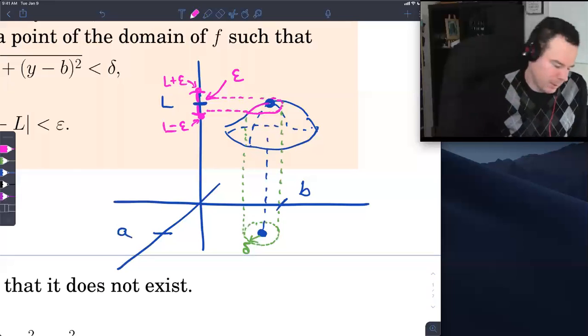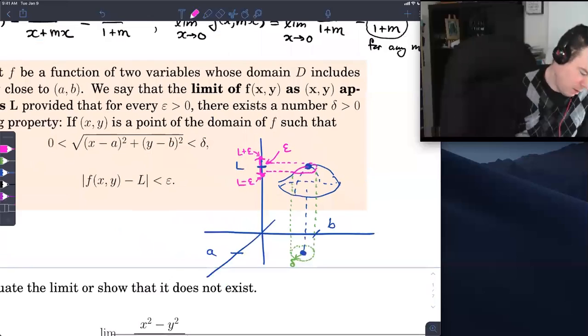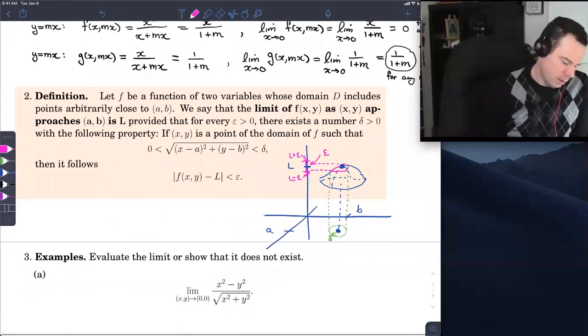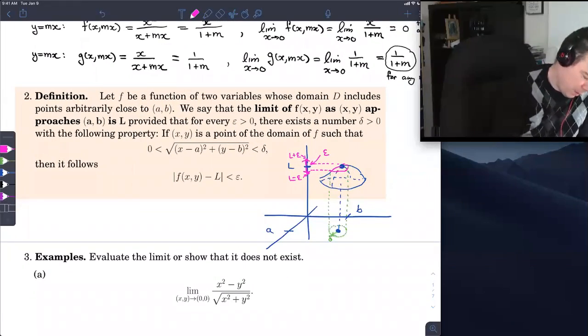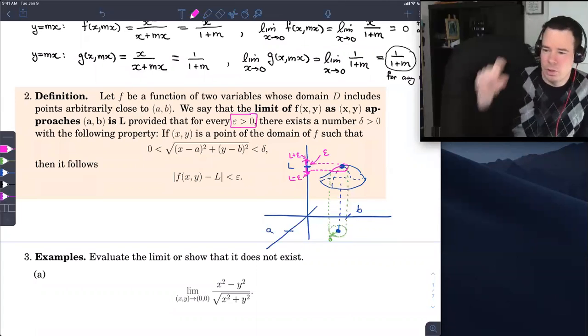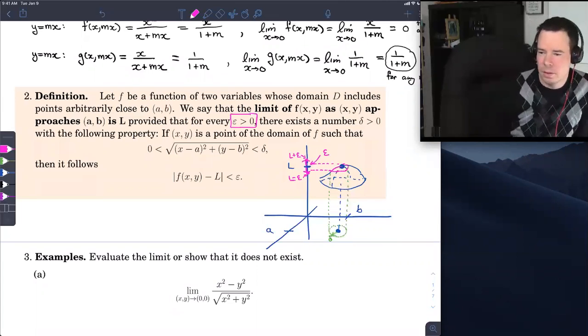That's what's summarized here in the definition. So it's saying that for every epsilon that I choose, no matter how small it is, as long as it's bigger than 0, that gives me the target along the z-axis around the L that I'm trying to show as the limit.